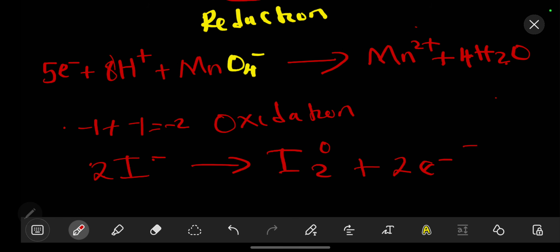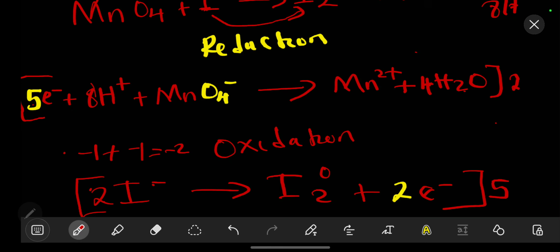So there will be need for us to multiply it. So the 5 electrons that are here, we are going to interchange. We are going to get that number 5 and multiply it here like that. Then the 2 that is here, we are going to get it and multiply it to the other equation like this.